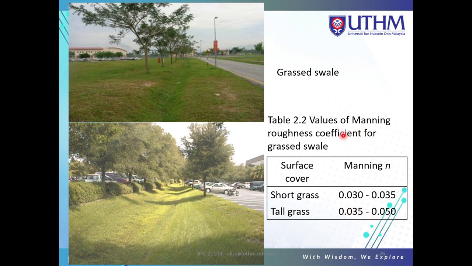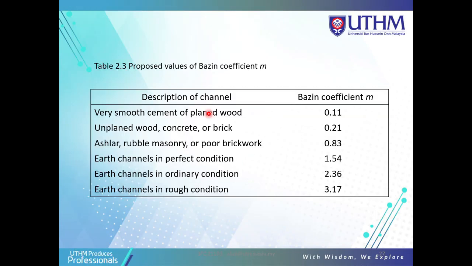So this is the value of Manning roughness coefficient for grass swale. Our campus uses this grass channel, around our field also, because there is more landscape, covered by grass. Next, the proposed value of Bazin coefficient m.